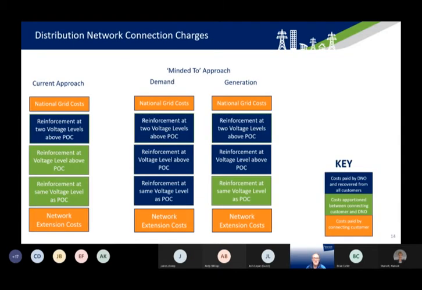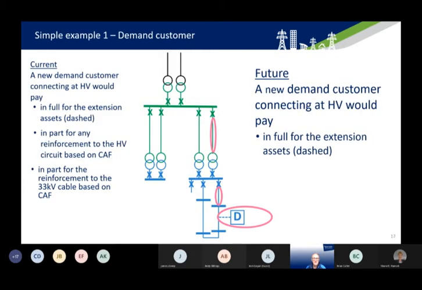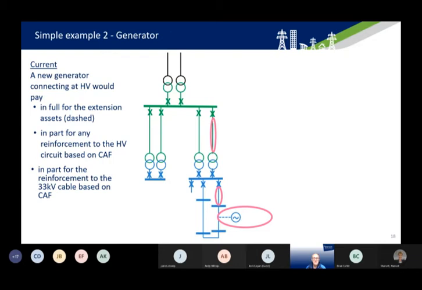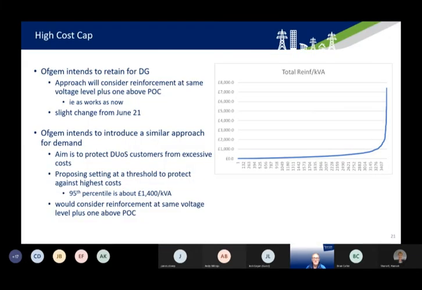As you can see from that graph, if you look back to it, the vast majority of connection cost for reinforcement is fairly flat. The only bit that they want to influence and have some sort of location signal is this very exponential growth at the end.